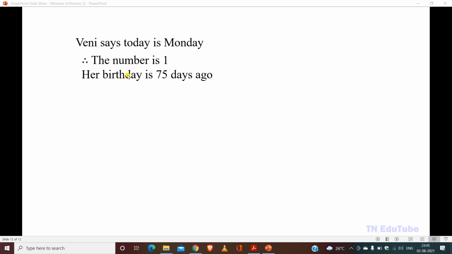Then her birthday is 75 days ago. That means from this 1 you have to subtract 75. And the days rotate, wrapping around every 7 days, isn't it? So mod 7, it is congruent to minus 74 mod 7.